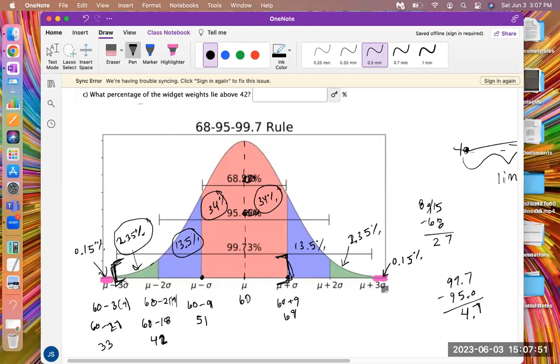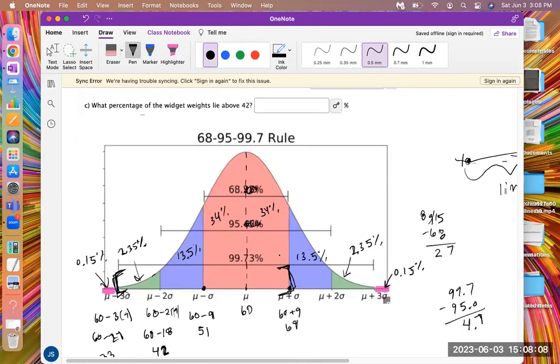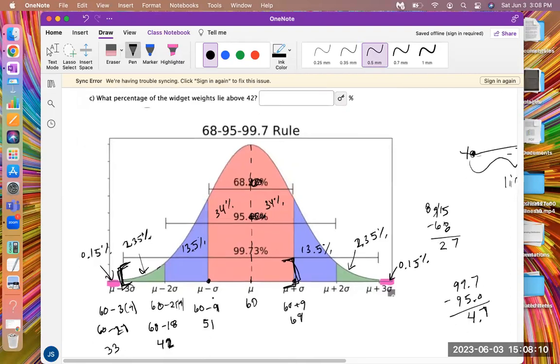So they said calculate what percentage lie above 42. So here is 42.